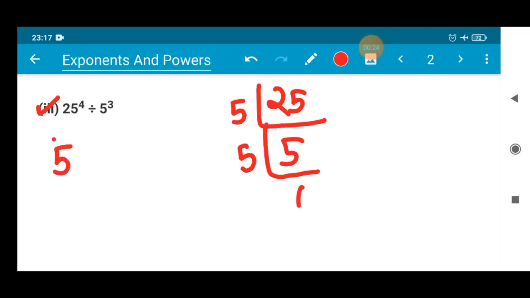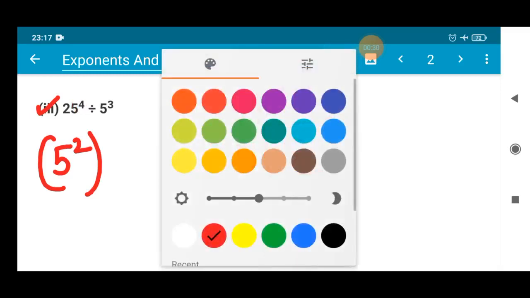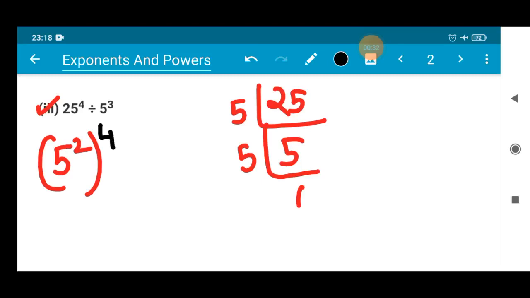So 25 can be written as 5 square. Outside the bracket, don't forget about this exponent, that is 4. So let me write the 4 here. Okay, so I can write like this. For 25 I have written 5 square, because 5 into 5 is 25, in exponential form, divided by 5 cube.